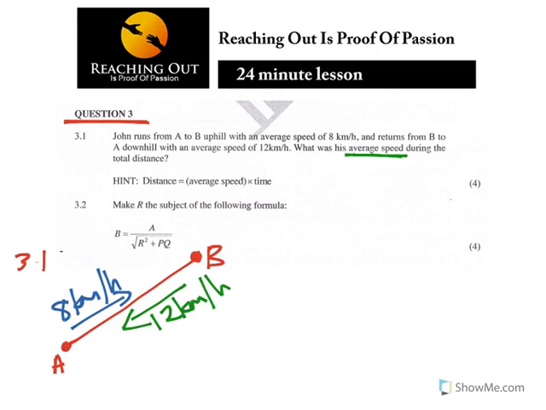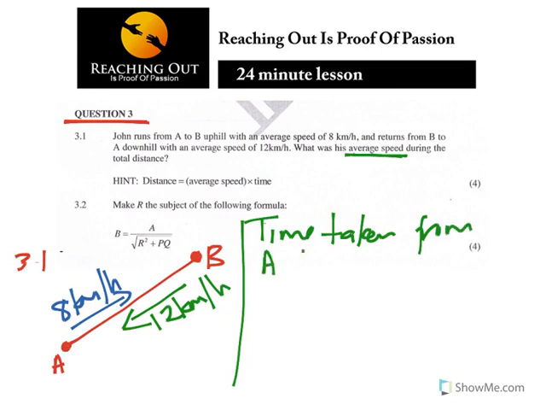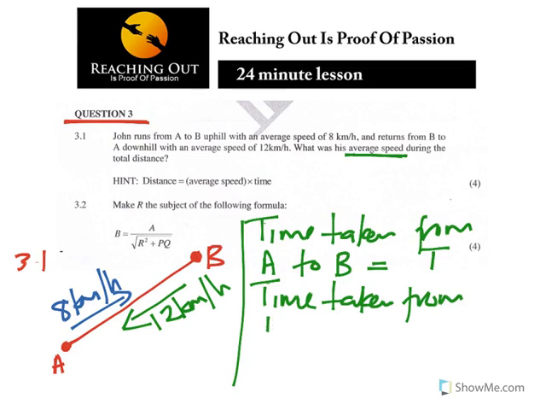But now let us write a few things that are important for what John is doing. Let's take the time taken from A to B as a capital T. And then let's also assume the time taken from B to A, remember you changed speed, is a small t.